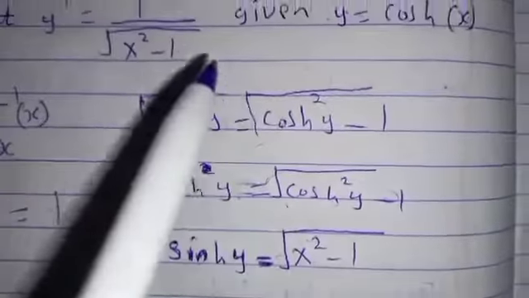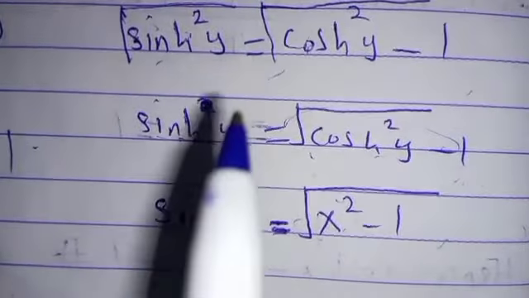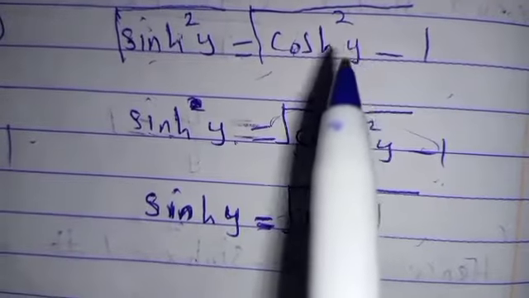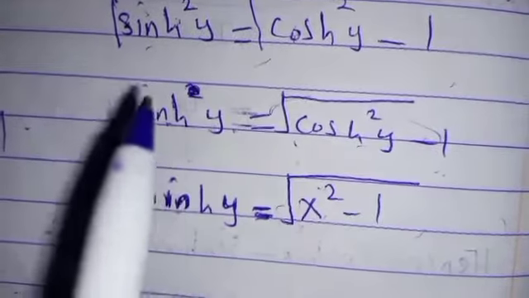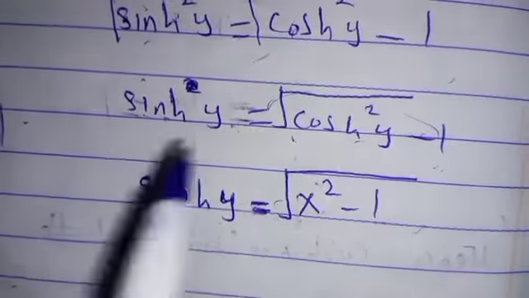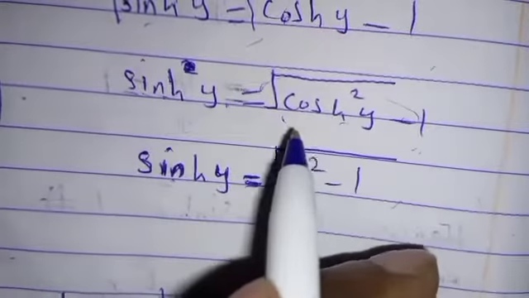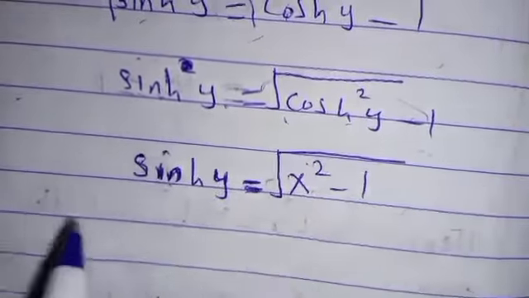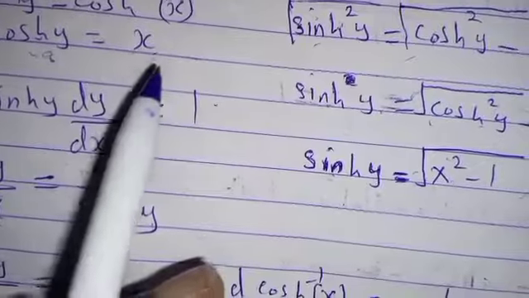Then from there you make use of this identity, which says hyperbolic sine squared y is equal to hyperbolic cosine squared y minus 1. Then you take the square root, and you get hyperbolic sine of y equal to the square root of hyperbolic cosine squared y minus 1. Then you use the fact that hyperbolic cosine of y is equal to x.